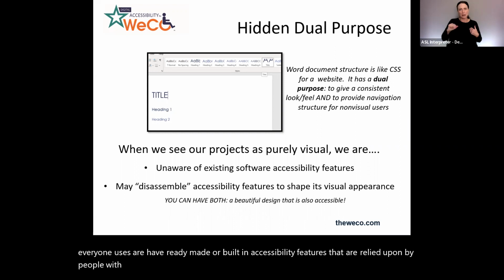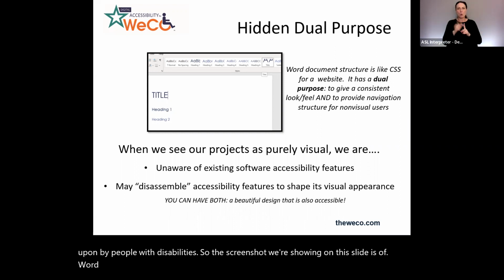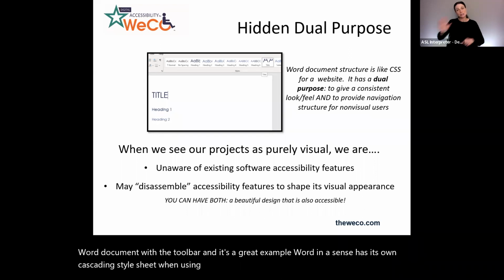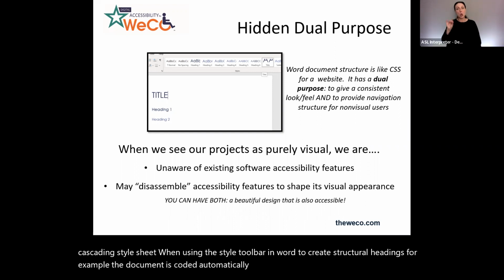The screenshot we're showing on this slide is of a Word document with a toolbar, and it's a great example. Word, in a sense, has its own cascading style sheet. When using the style toolbar in Word to create structural headings, for example, the document is coded automatically with navigation points. This is the same principle CSS plays on websites.